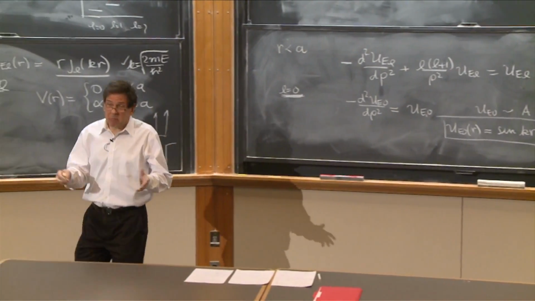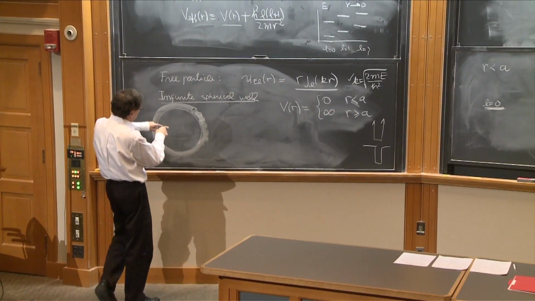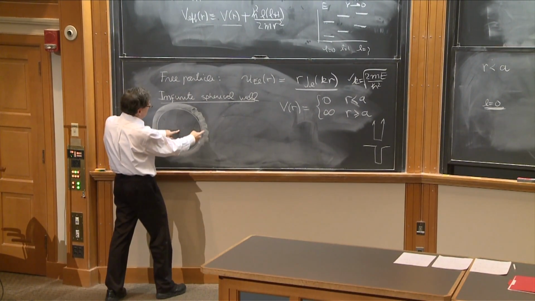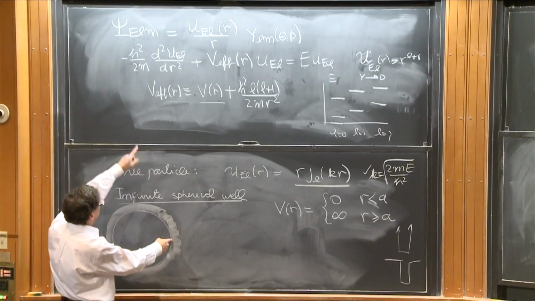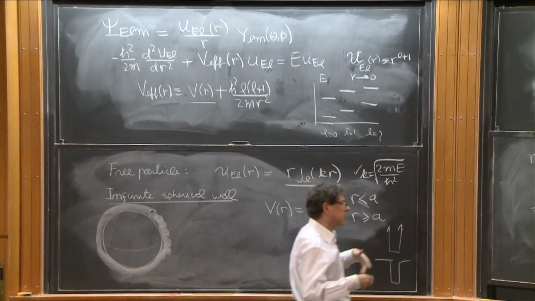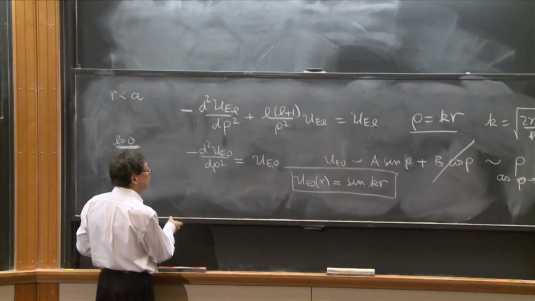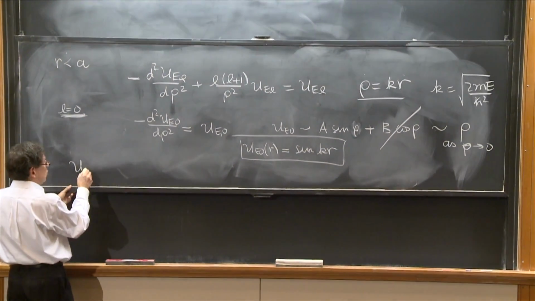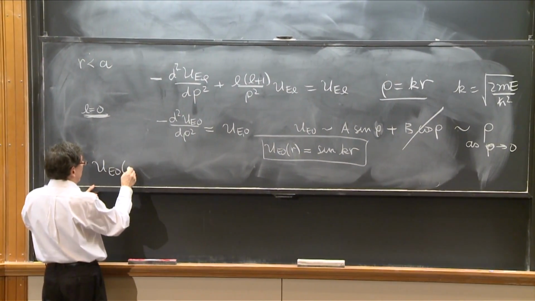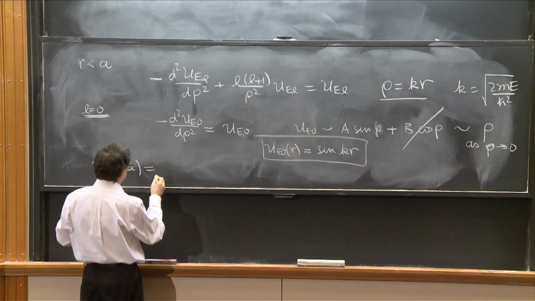Then, in order to have a solution of the one-dimensional Schrodinger equation, it's true that the potential becomes infinite for r equal a. So that is familiar. It's not the point r equals 0 that is unusual. At r equal a, this must vanish. So we need that UE0 of a will equal 0.